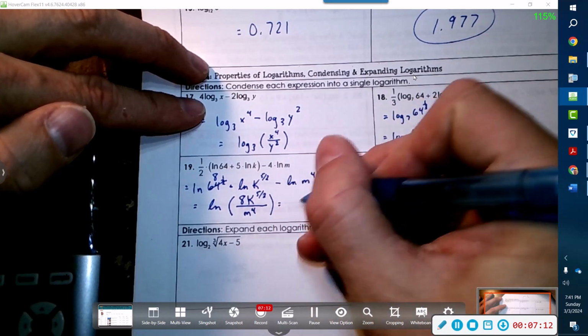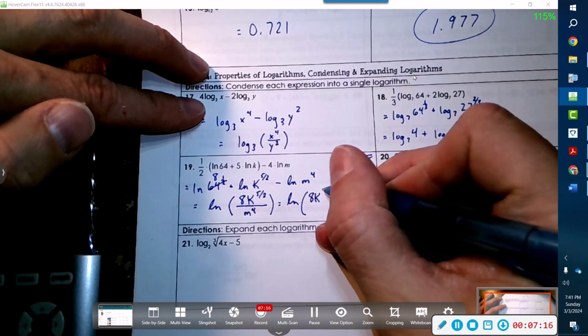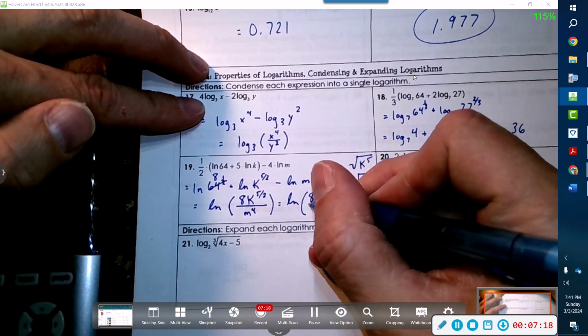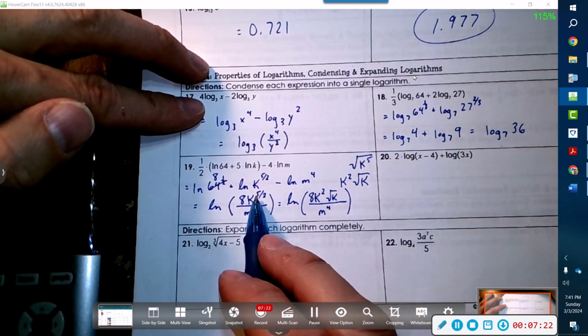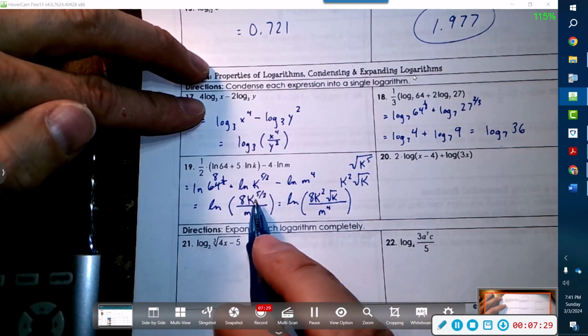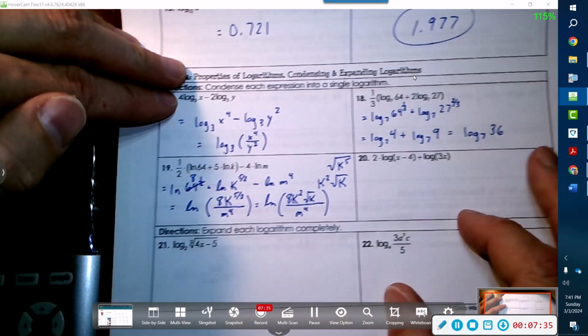So as an alternate answer, you could have had a k squared radical k over m to the 4th. Now this only happens when that numerator is larger than the denominator there, because you can grab extra pairs there. So this is totally fine, and in calculus we would just leave it like this, but just in case it's the SAT or some other formatting, okay?